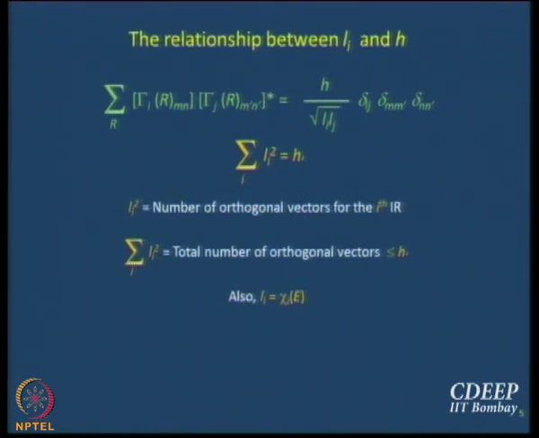So, if Li is equal to chi i E, then what can I write? You already know the relationship sum over i of Li square equal to H, so just substitute there. Very simple: the sum over i of chi i E square equal to H. That is our working relationship number 1.